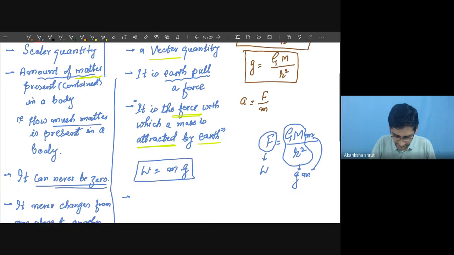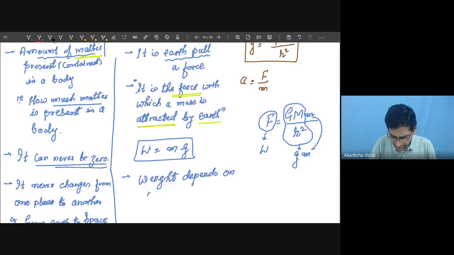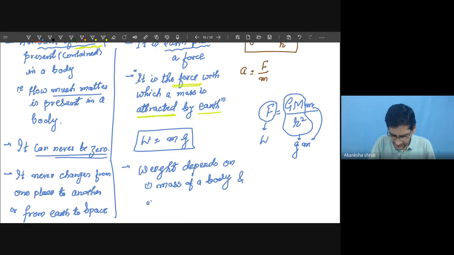So weight depends on the mass of a body, and the next factor is the gravitational pull or gravity. It is given in terms of acceleration due to gravity. So weight depends on mass of the body and acceleration due to gravity.